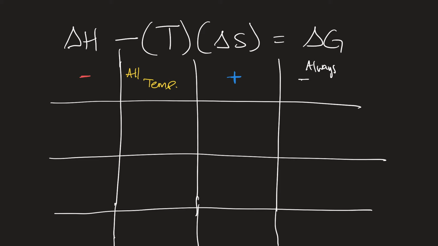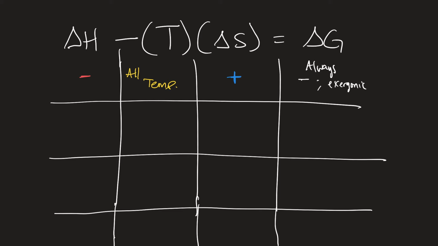As long as delta H is negative and delta S is positive, regardless of the temperature, delta G will always be negative. That means it's exergonic, it's spontaneous. This process doesn't need any external influence to continue.